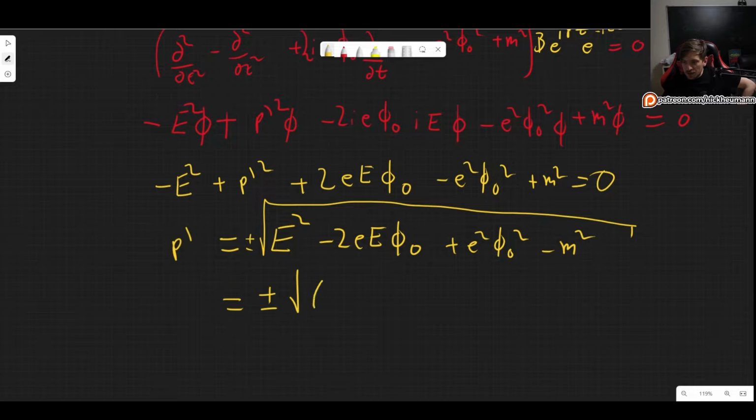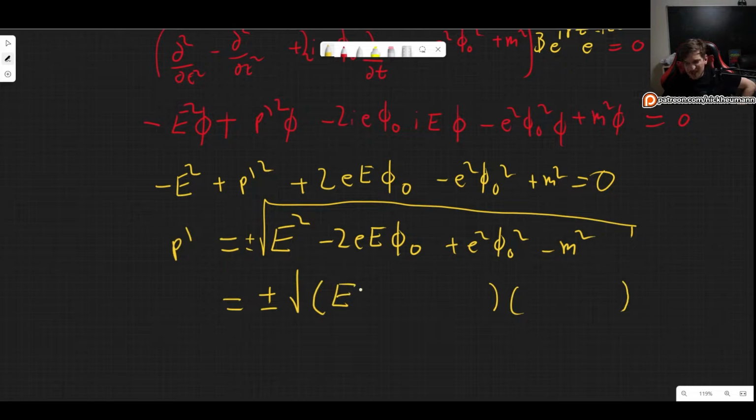So this has 3 different terms that are squared. It has e squared, small e phi 0 squared, and m squared. So there's a good chance that this is the product of 2 different polynomials here.